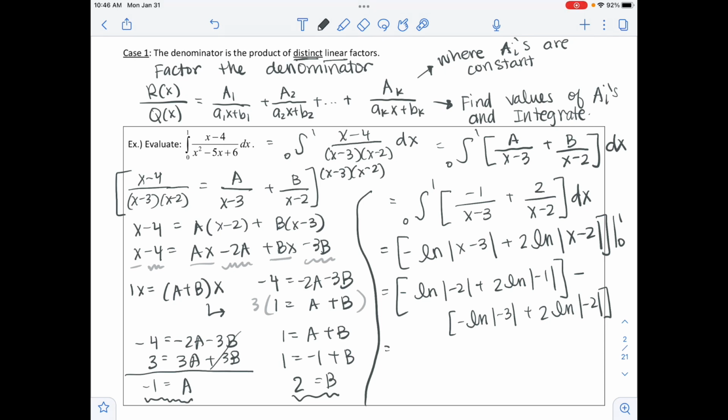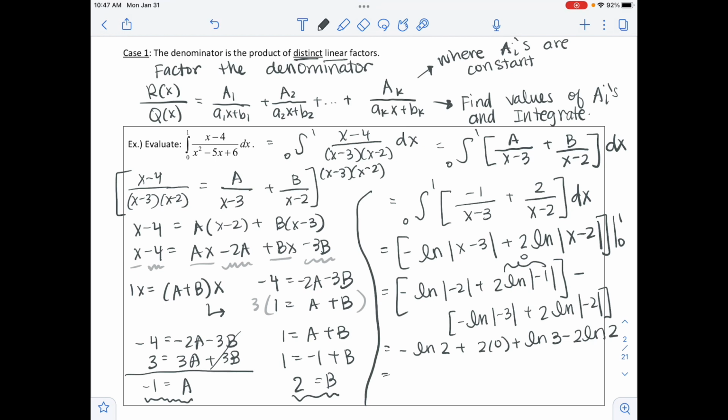From here, I'm just going to simplify this a little bit more and then see if I can combine any terms together. So I have negative natural log of 2 plus 2 times the natural log of 1, which is just going to be 0. So 2 times 0. Then I'm going to distribute my negative through also. So plus ln of 3 minus 2 ln of 2. Again, distributing through that negative.